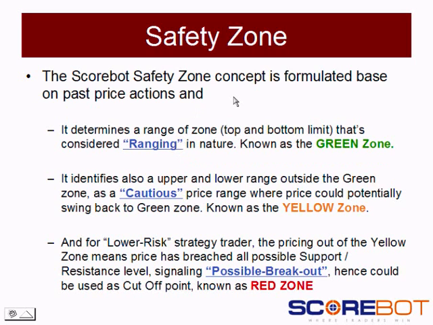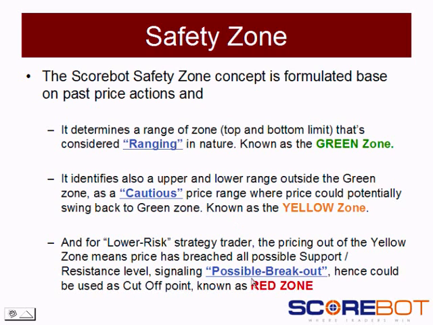So our safety zone concept is formulated based on the price action, and we determine the green zone where it is considered as the ranging price action. We also identify the yellow zone where it is considered as a cautious price range, which is a very narrow upper and lower range, followed by the red zone.